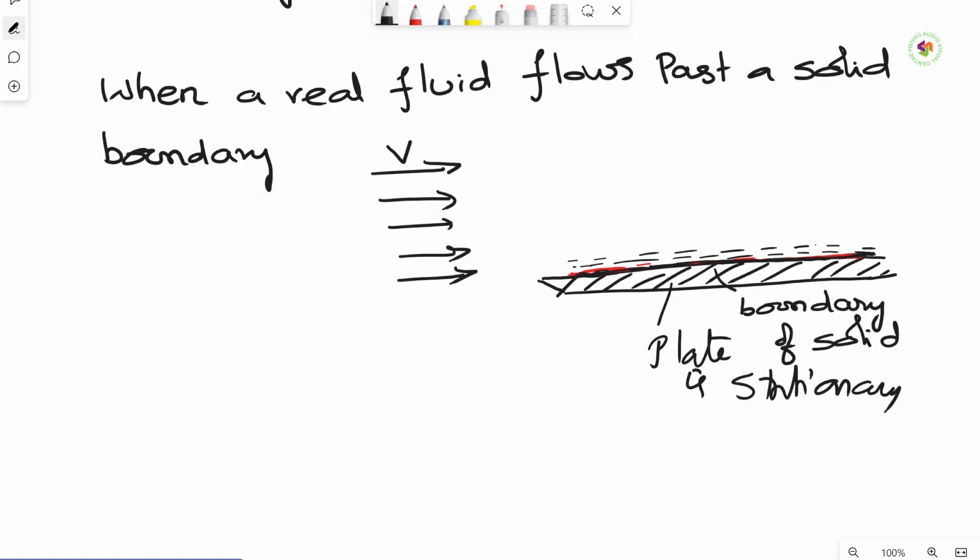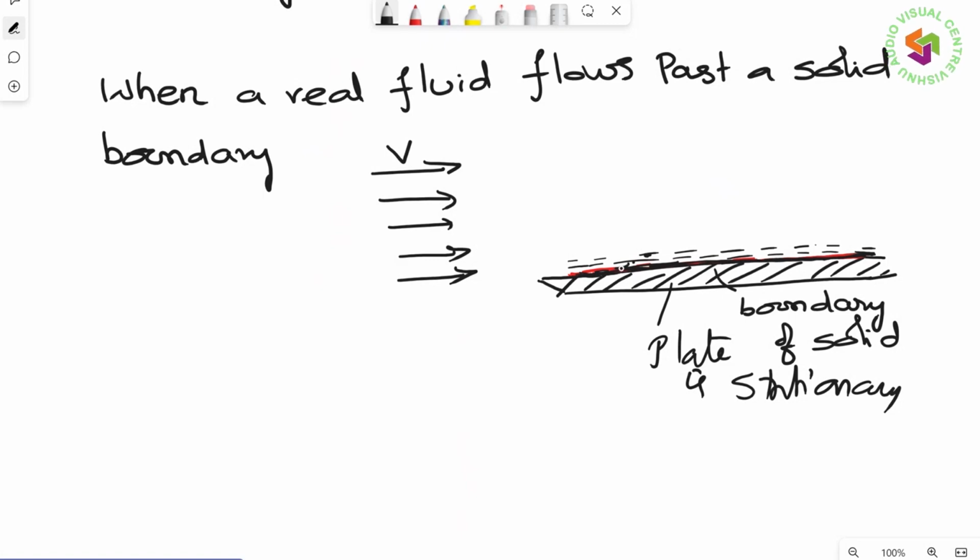That means the velocity is brought down from V to zero here. So this fluid layer induces retardation in the adjacent layer. Then that layer's velocity is also reduced. Again, it induces retardation in the next layer, and again its velocity is reduced.